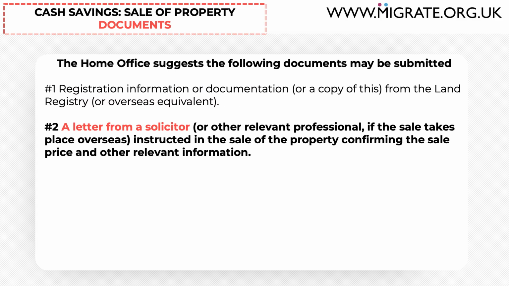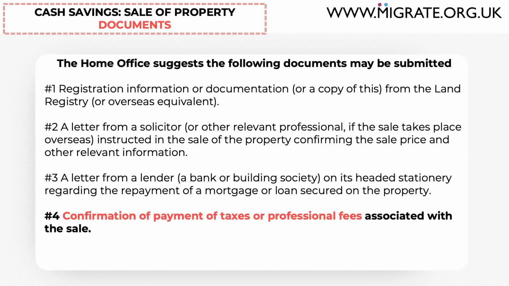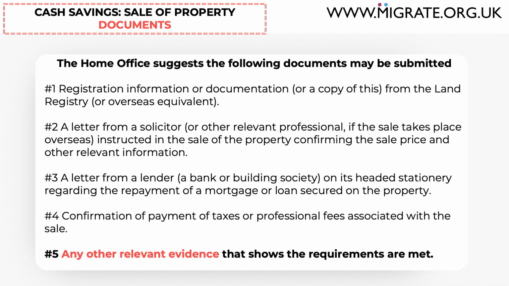A letter from a solicitor or other relevant professional if the sale took place overseas, instructed in the sale of the property, confirming the sale price and other relevant information. 3. A letter from the lender, a bank or building society, on its headed stationery regarding the repayment of a mortgage or loan secured on a property. 4. Confirmation of payment of taxes or professional fees associated with the sale. And 5. Any other relevant evidence that shows the requirements are met.